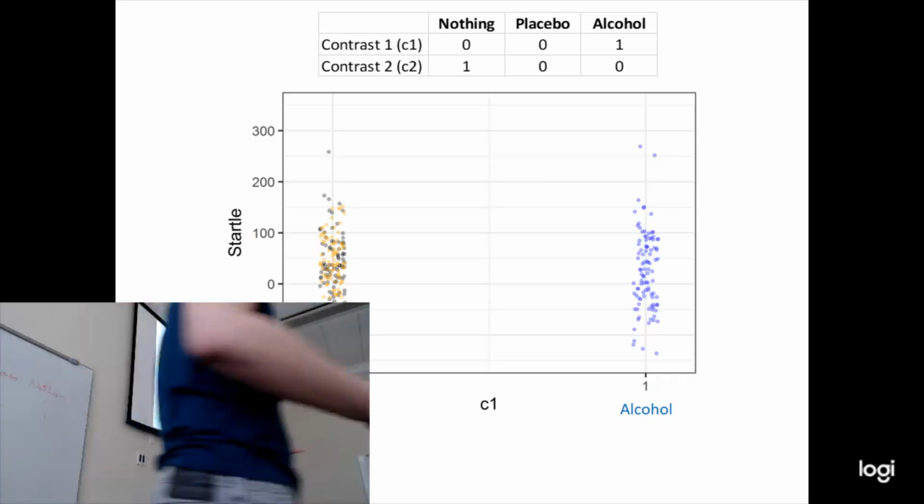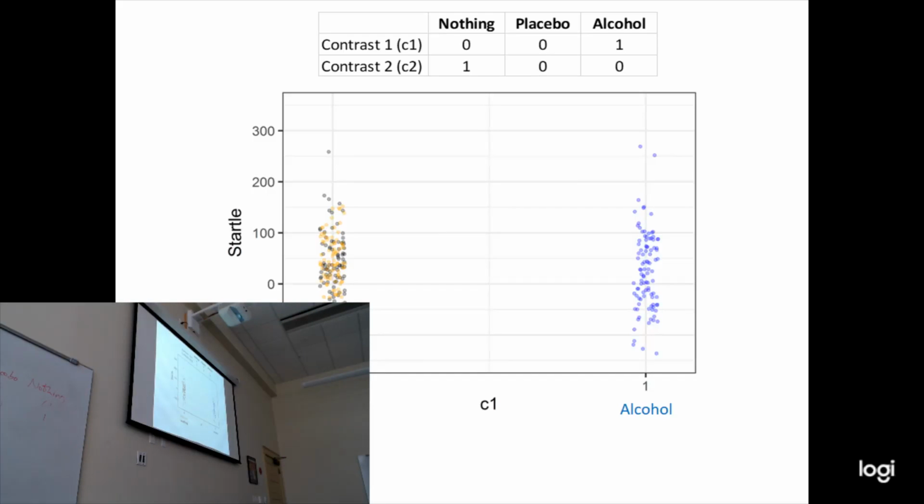That's one way of understanding what it means to adjust or control for another variable. You subtract out the effects of whatever other variables are in the model before you go through the process of finding the best fitting parameter estimate, the best fitting line, for the thing that you're interested in.